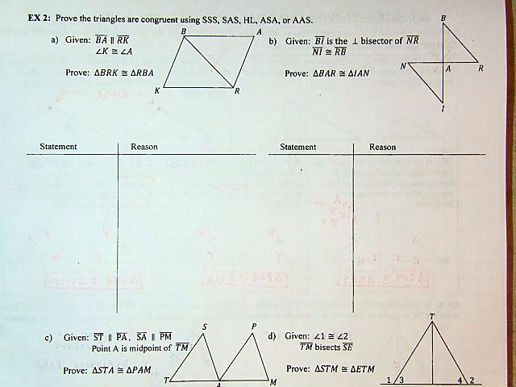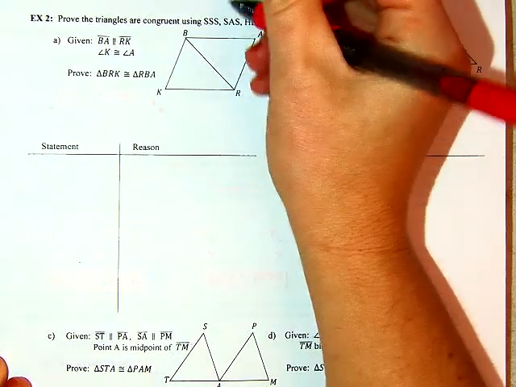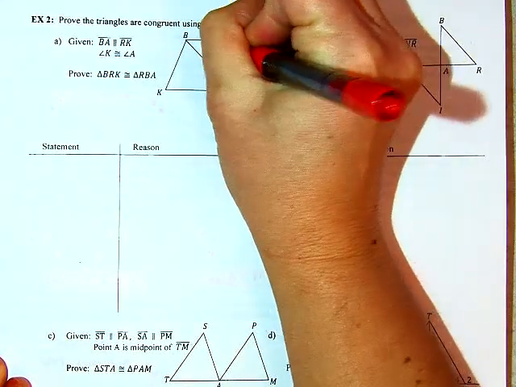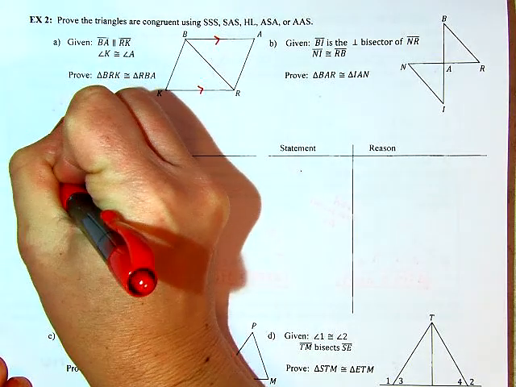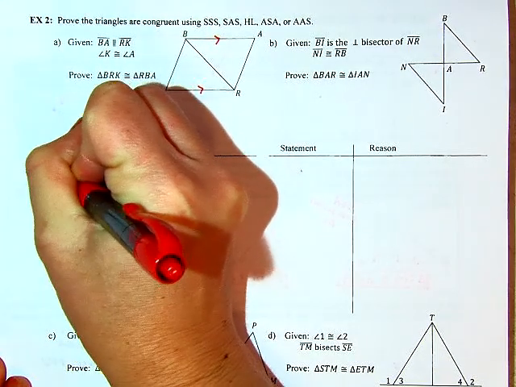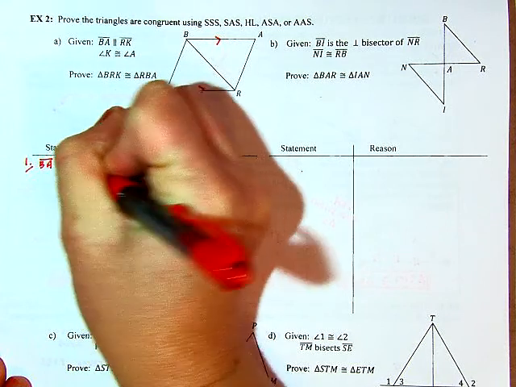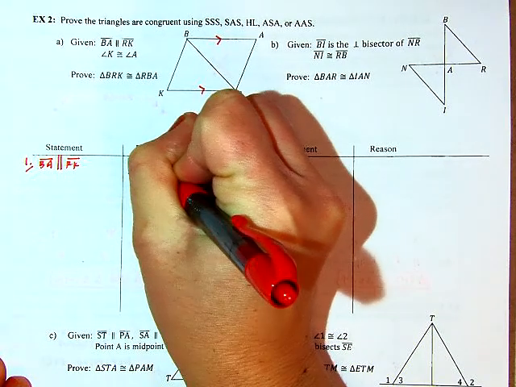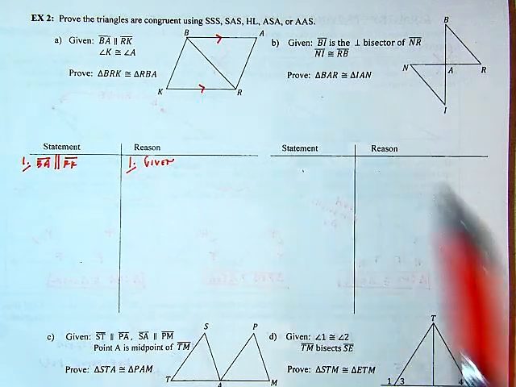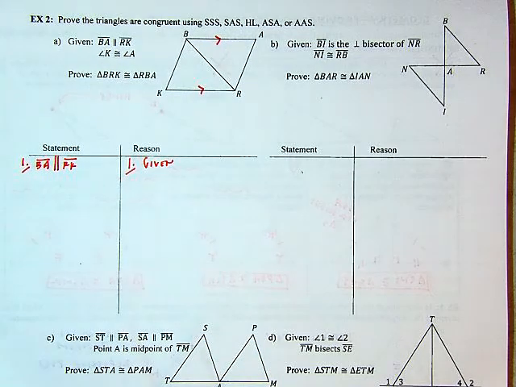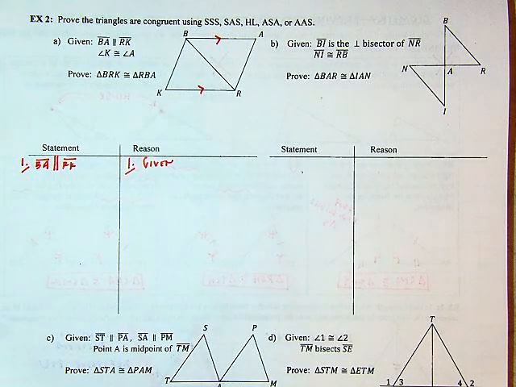So if I look at my first given, my given is that BA runs parallel to RK. So I only mark it as I write it, so I make sure that I can see how I'm connecting the dots. All right, so I'm starting with parallels. I don't know which of these 5 it's going to be yet until I start marking my diagram.